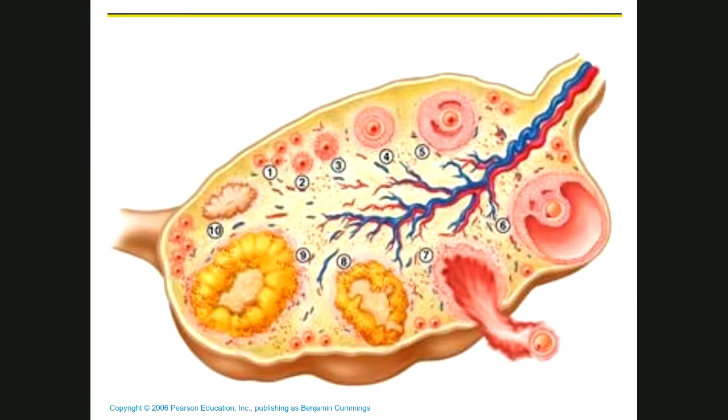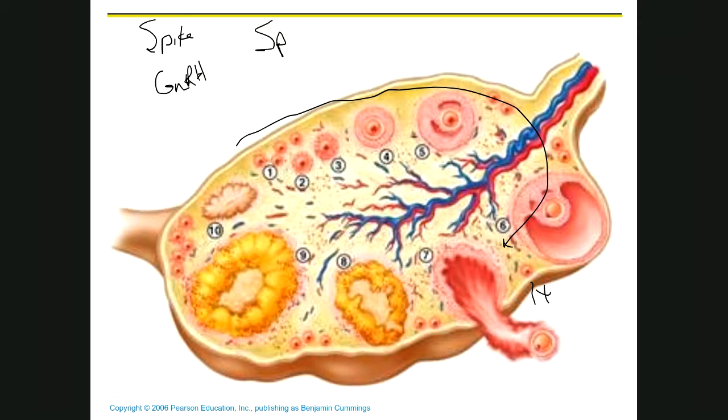And on day 14, what's going to happen is we're going to get a spike of GnRH. When we get a spike of GnRH, we're going to get a spike of FSH and LH. And that spike is what's going to cause this ovulation to happen.